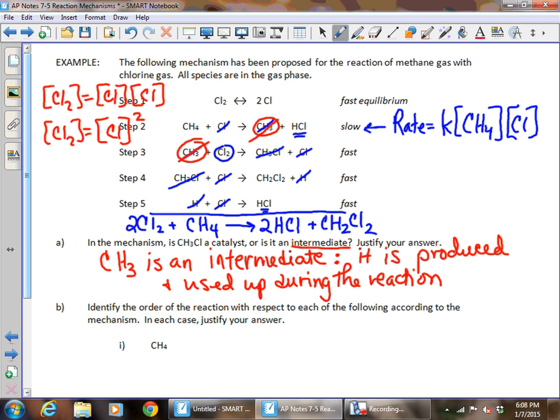Now here's where it gets a little iffy. We don't want Cl squared, we want just Cl. So we're going to need to take the square root of both of these to get rid of that squared. When we do, we end up with Cl equal to the square root of Cl2.